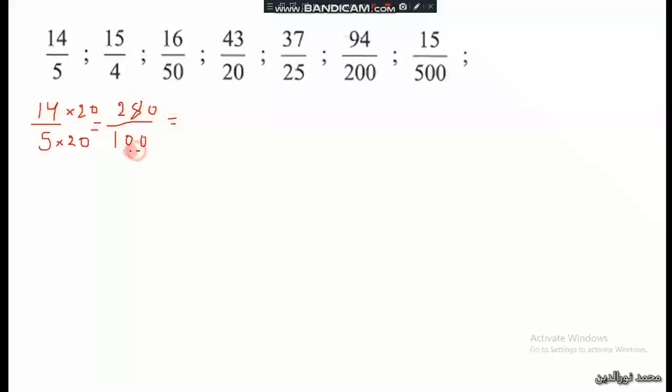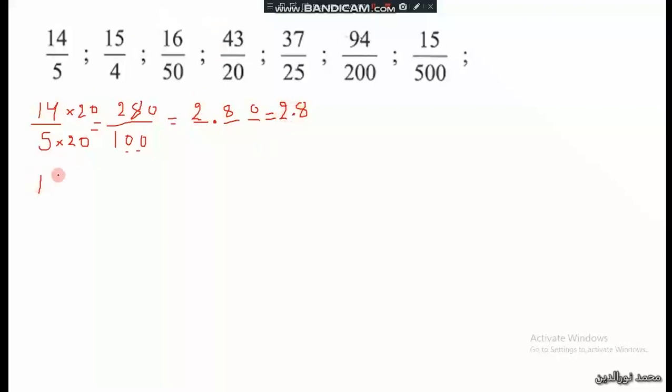And then we have two decimal digits, so we write a dash, a dash, and a decimal point. Then we start filling from the right, 0, 8, and 2, and this 0 is not useful, so we put 2.8.